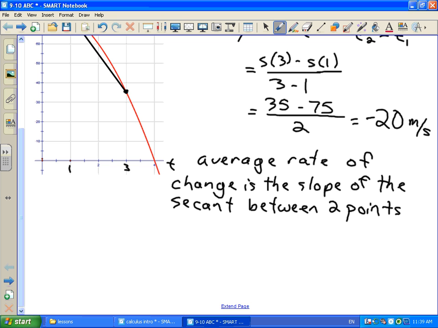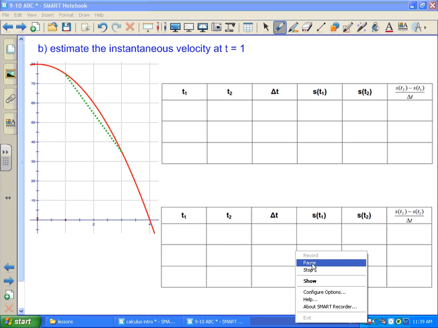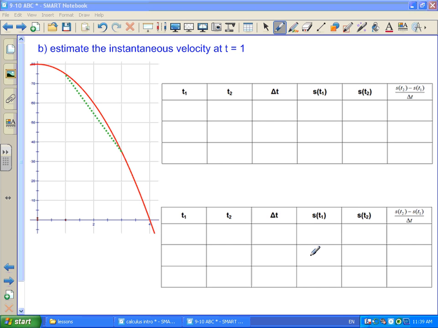Now, next up, we want to estimate the instantaneous velocity, or the instantaneous rate of change at a particular time. And we're told the time here is t equals 1. You remember doing this from advanced functions. The idea was that you had this point, t equals 1, and you wanted to find the instantaneous velocity.